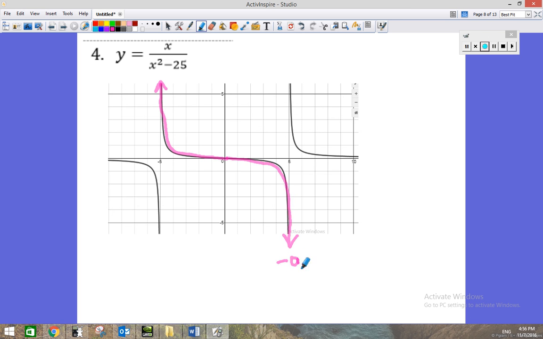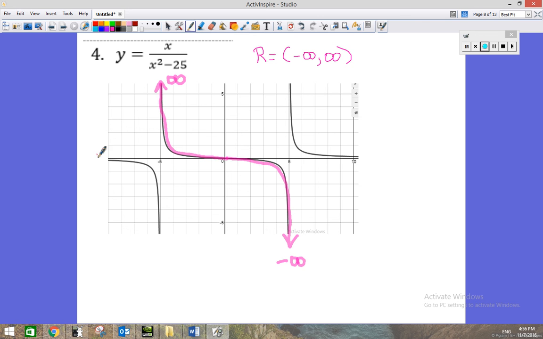So from negative infinity, if I go up through the graph all the way to positive infinity, that's my range. All of these y values are just repeated because they're shown over here. So my range is all real numbers from negative infinity to positive infinity, and I get that from just this middle portion of the graph.